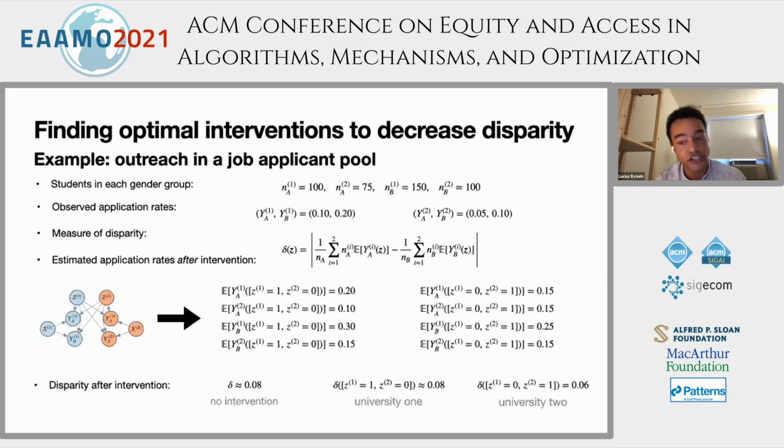And we see that with no intervention, we have delta about equal to 0.08. With intervention at University 1, even though we've improved application rates for every group, delta stays about the same. But with intervention at University 2, we're able to decrease our measure of disparity to 0.06. So for this toy example, our optimal way to rebalance these applicant pools with respect to gender is to host a career fair booth at University 2.